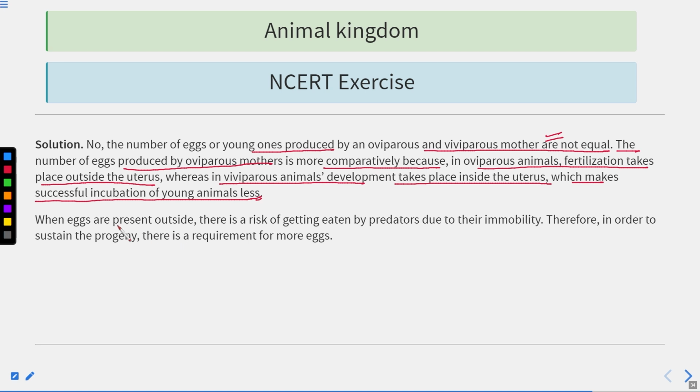So when eggs are present outside, they are at high risk of getting eaten by predators due to their immobility. Therefore, in order to sustain the progeny, there is a requirement of more eggs. That is why viviparous animals give fewer eggs as compared to oviparous.